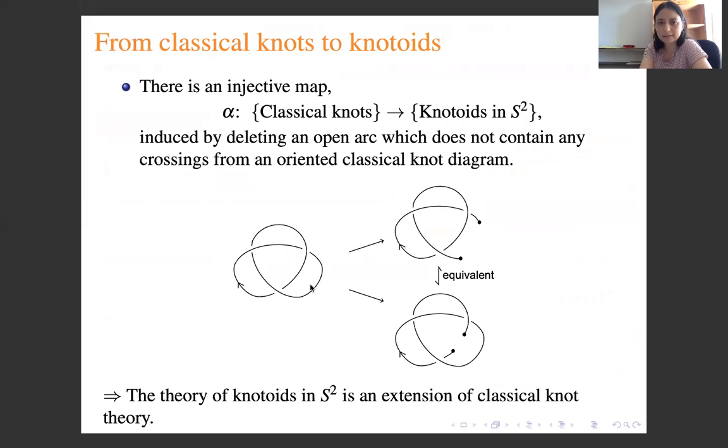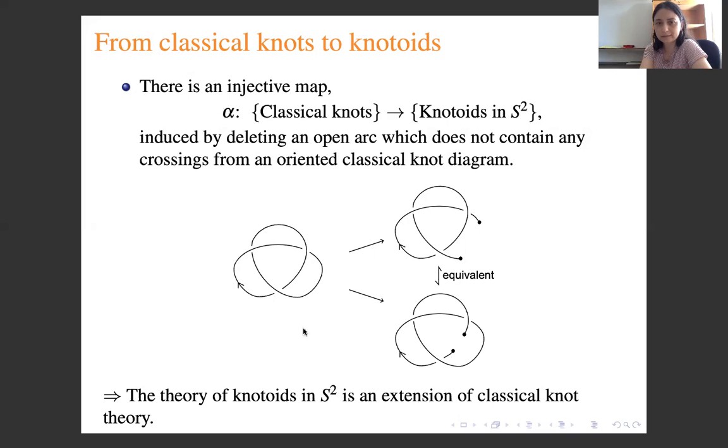And this map is induced by just deleting an open arc from a given diagram of a knot with an orientation on it. We delete an open arc from the given diagram, but we don't want this arc to contain any crossing, so that we obtain knotoid diagrams in the end with endpoints lying in the same region, as we show in this picture.